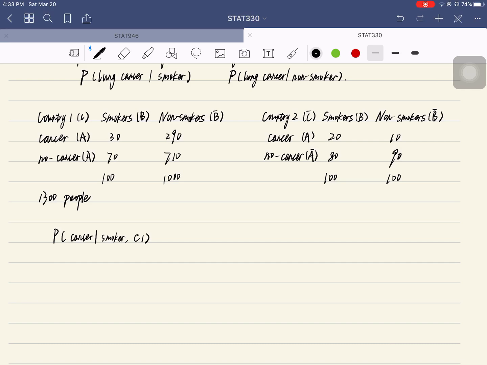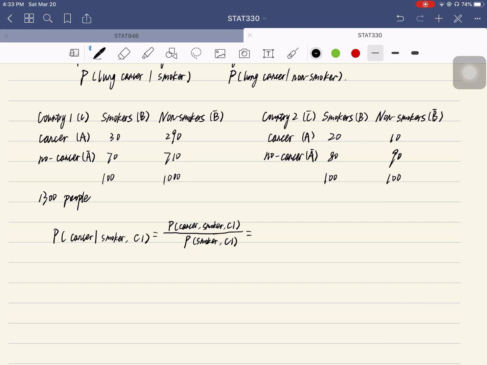By definition, that is equal to the probability of cancer and smoker in country 1, divided by the probability of smoker in country 1.